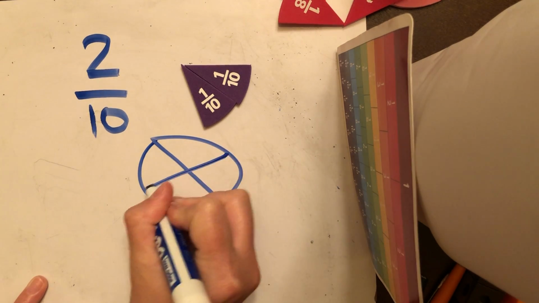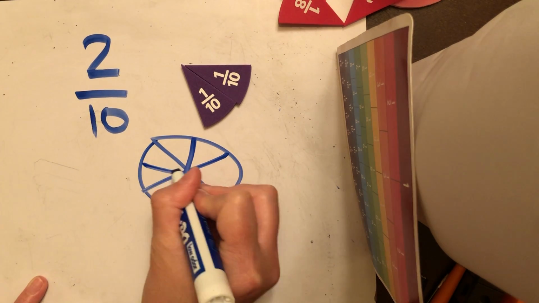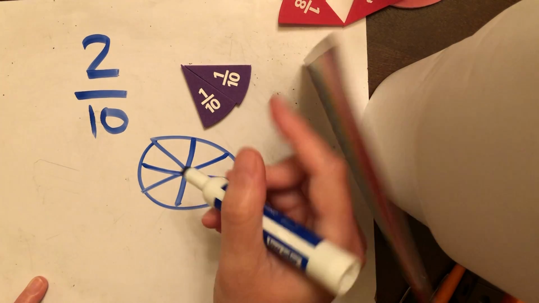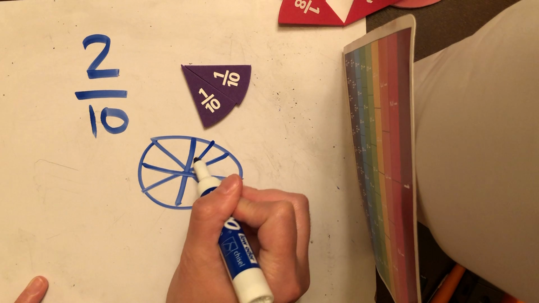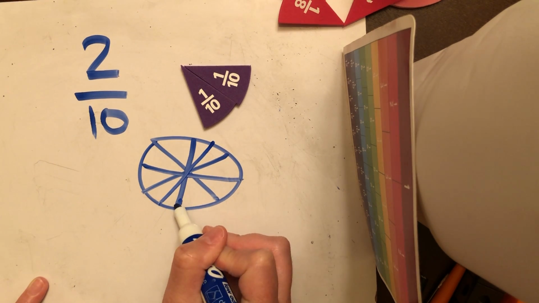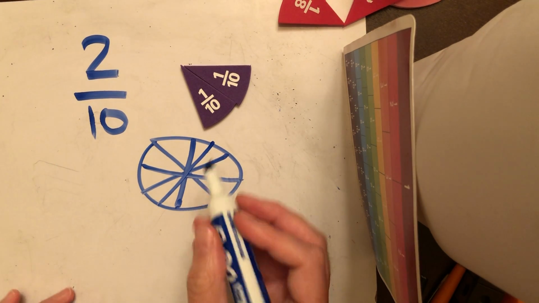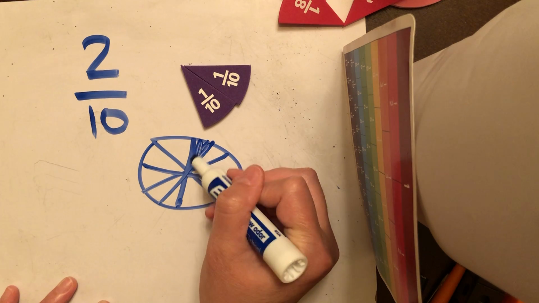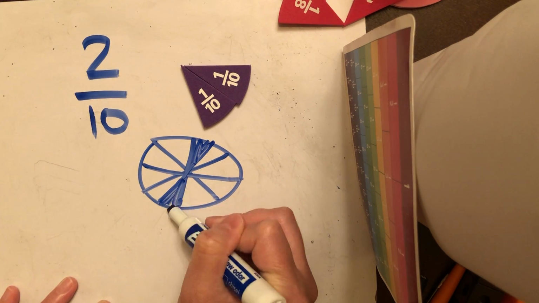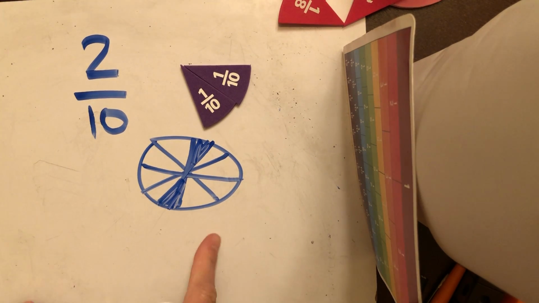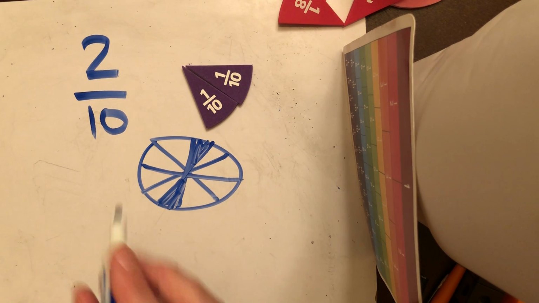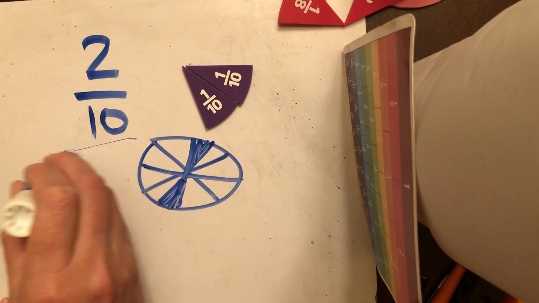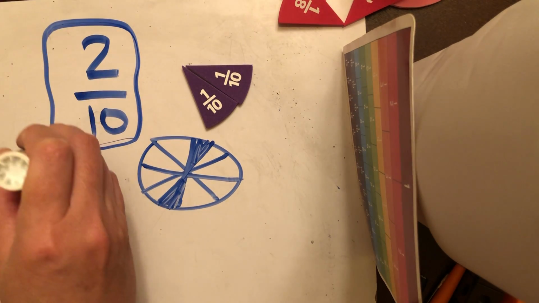You would divide your circle into 10 parts. It's not going to be perfect, but that's 10. Okay? And you would shade in 2 pieces. 1, 2. So that's 2/10. That's the representation. That's the concrete. And then this is your fraction, your 2/10.